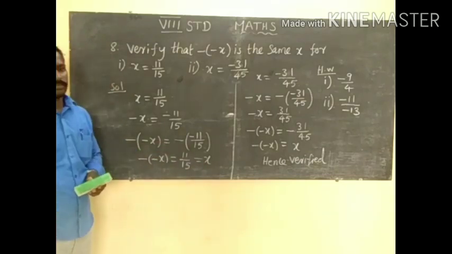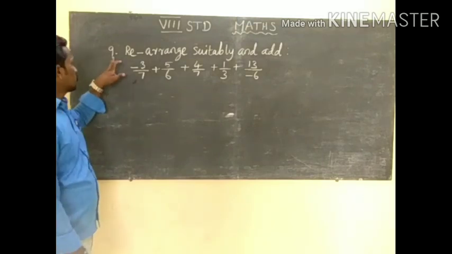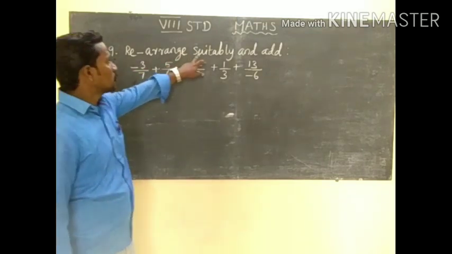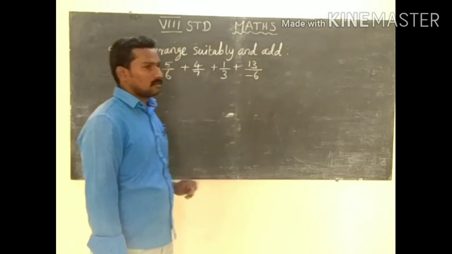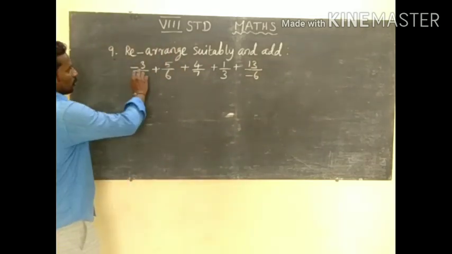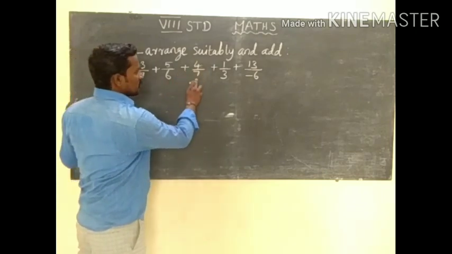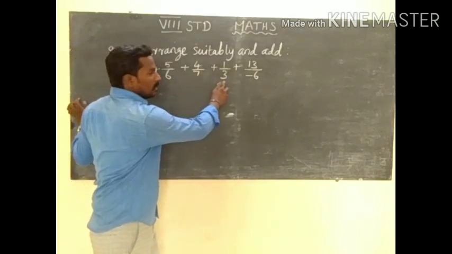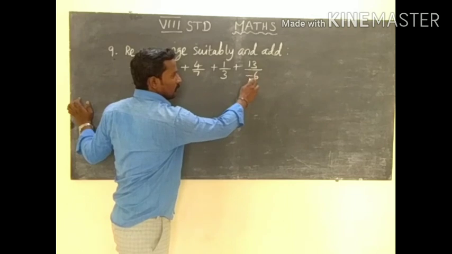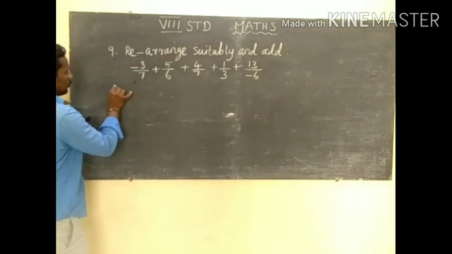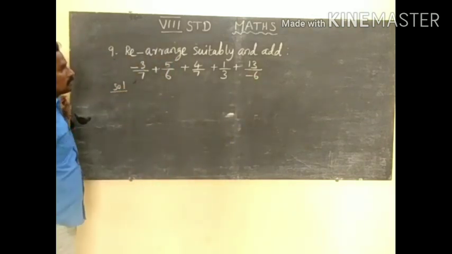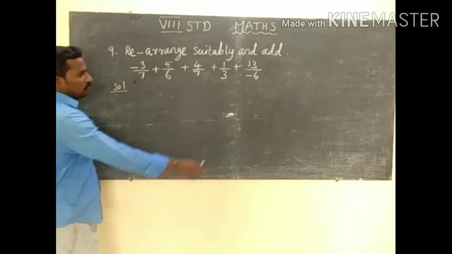Have you understood? Okay, next question 9. Rearrange suitably and add. This is your question: minus 3 by 7 plus 5 by 6 plus 4 by 7 plus 1 by 3 plus minus 13 by minus 6. The solution: first write in the standard form.